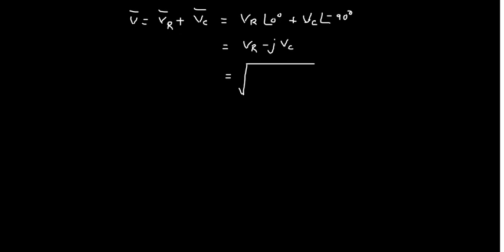The angle we already know: minus tan inverse of imaginary by real, that is VC by VR. So the magnitude is the square root of VR square plus VC square, and the angle is minus tan inverse VC by VR. This is what we got for V bar.